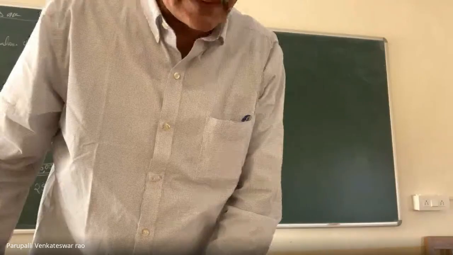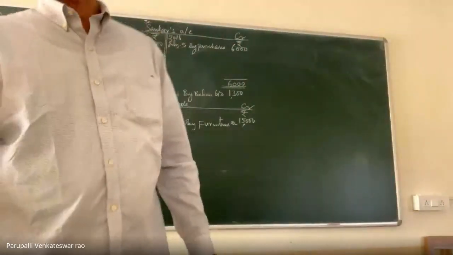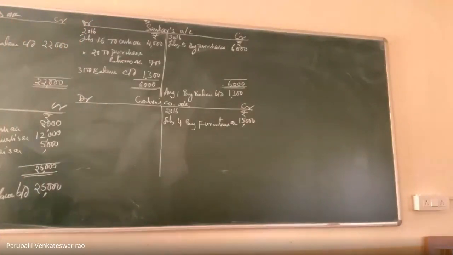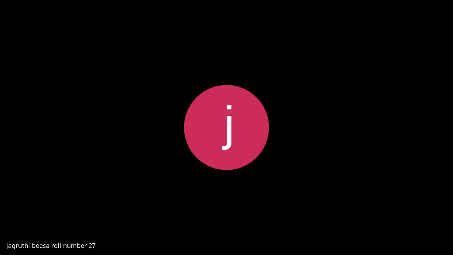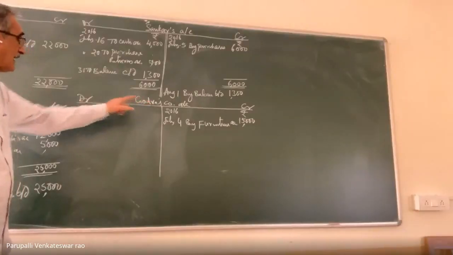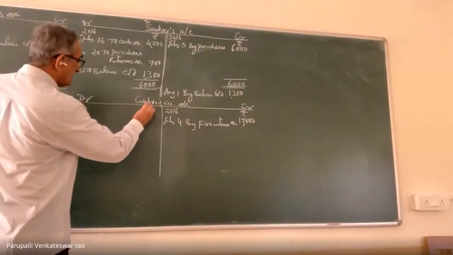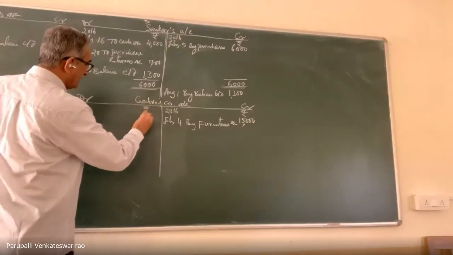10th July. Godrej account debit to cash account. On 10th July, we have paid the money to Godrej company. In this entry, is the Godrej company account debited or credited? Debited. So Godrej company account was debited with rupees 15,000. I am writing 15,000 on the debit side.